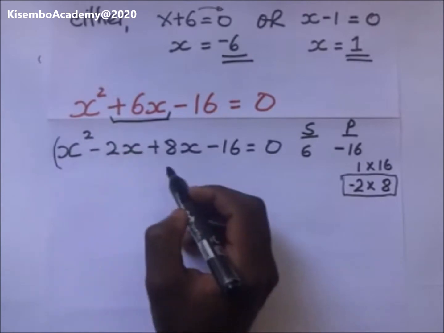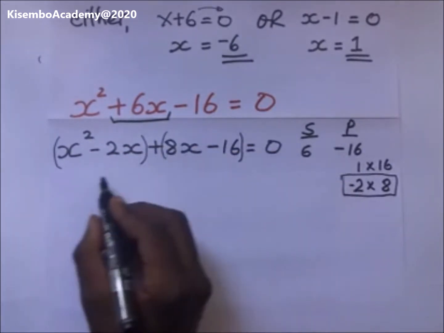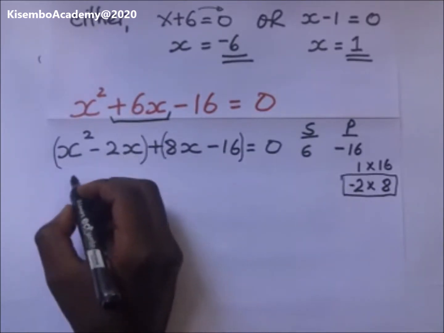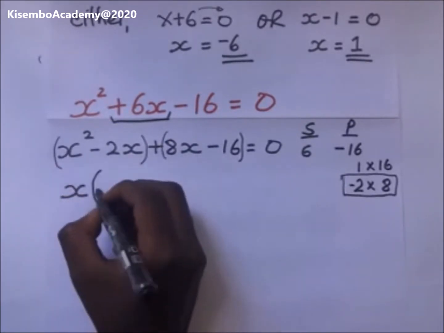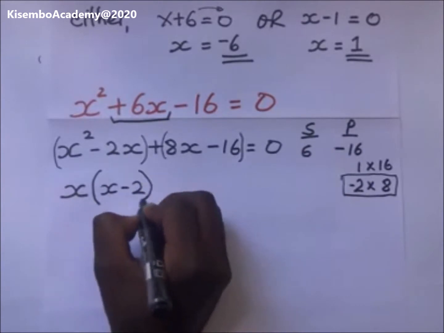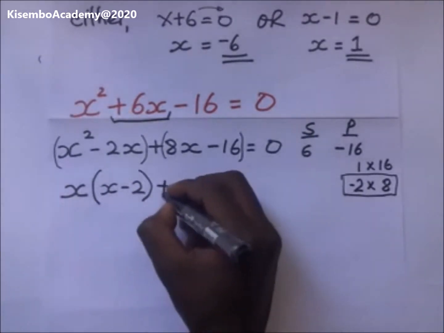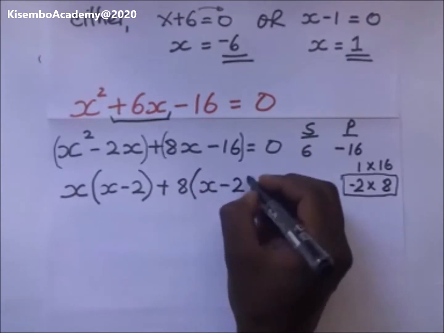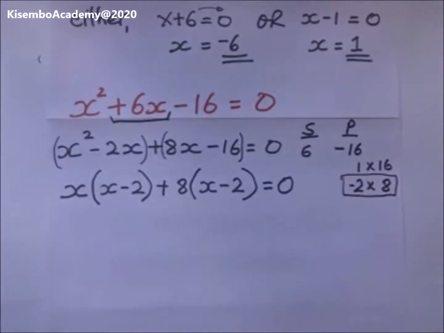Again, we shall introduce the brackets, and the common factor here is going to be x outside the brackets into x minus 2, then plus 8 into x minus 2, still equal to 0.